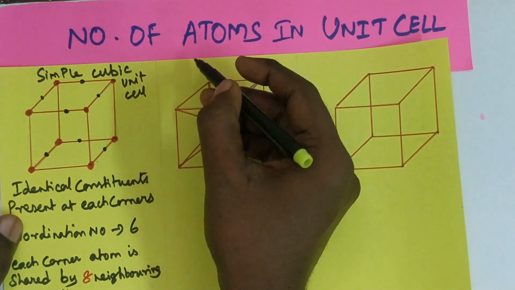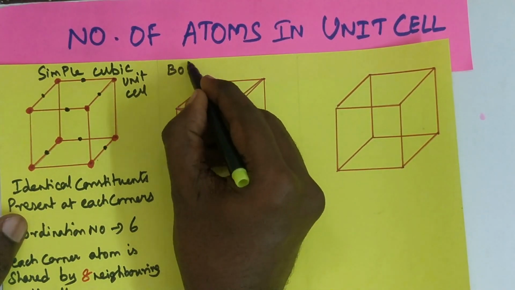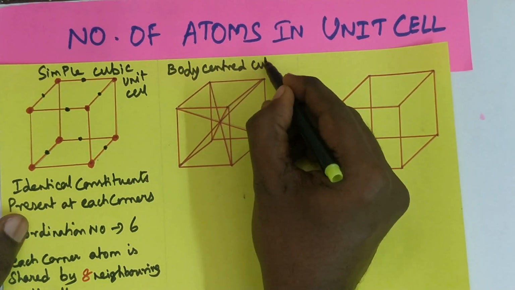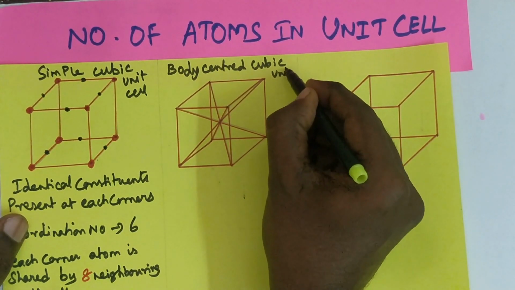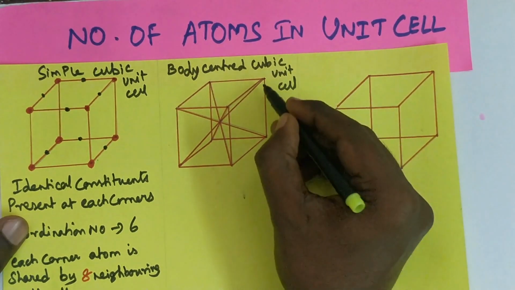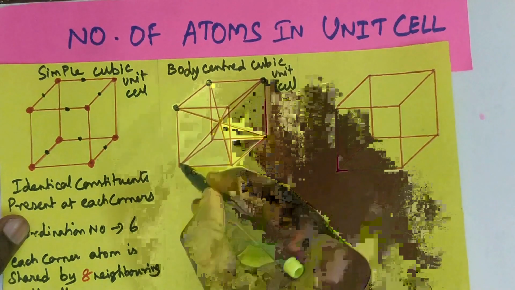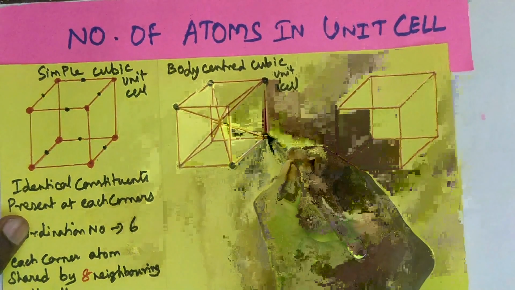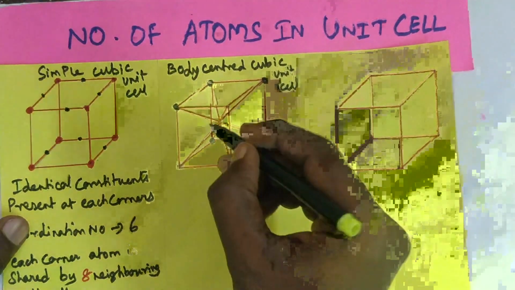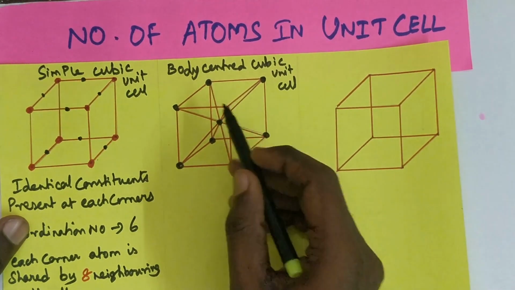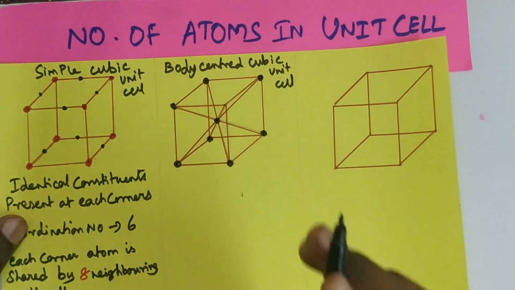Next we will see the body centered cubic unit cell. In this case, identical atoms are present at the 8 corners, along with an additional atom at the center of the unit cell. So 8 corners, and an additional atom at the center.